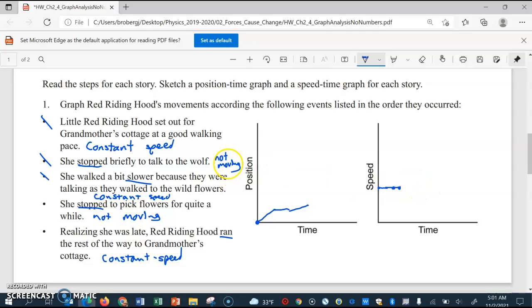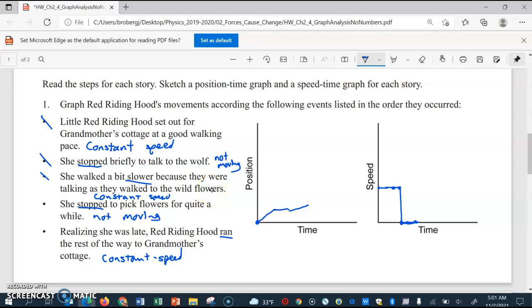Her speed becomes 0. So for that, we're just going to draw a straight line down and she stops to talk to the wolf. So even though you have to slow down a little bit to come to a stop, we're just going to assume that you just come to a stop. You're good. Then she walks slower because she's walking and talking to the wolf as they walk to the wildflowers, all that stuff.